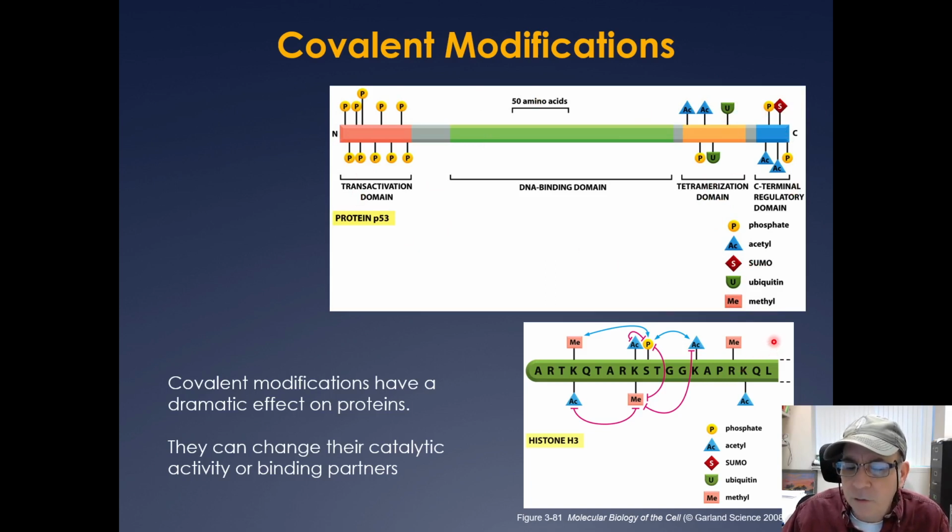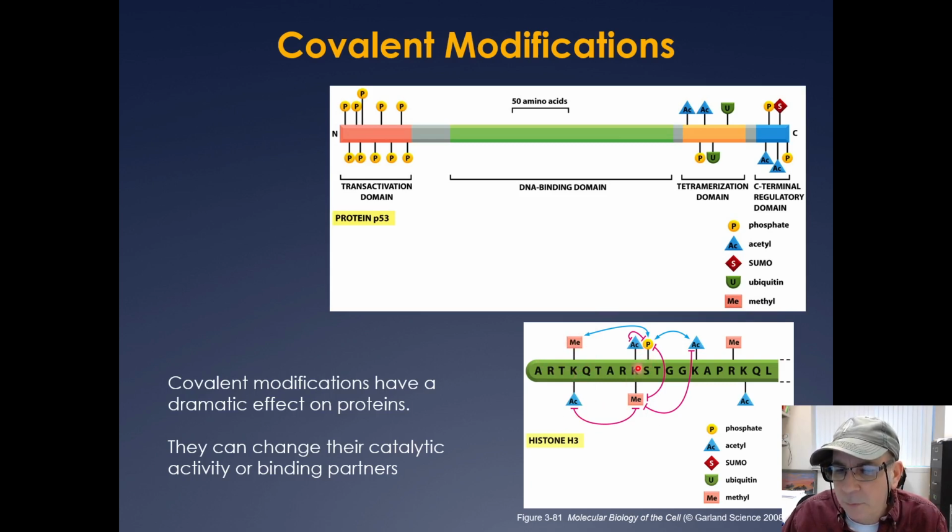Covalent modifications also happen on histones, and we'll look at this very closely when we move to transcriptional regulation, as well as looking at chromatin in general. Okay, so this is histone H3. This is just a portion of the N-terminal tail region of it, and you can see that this lysine at position 4 can be either methylated or acetylated.